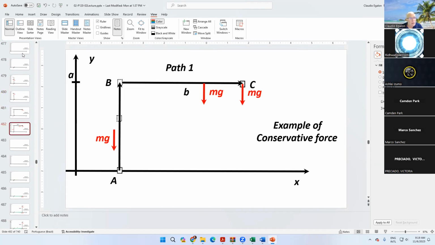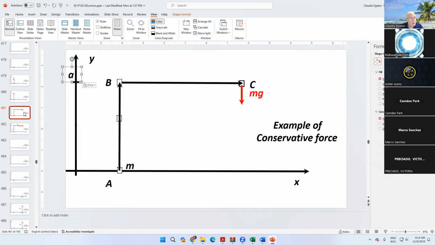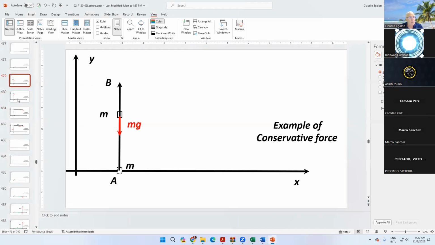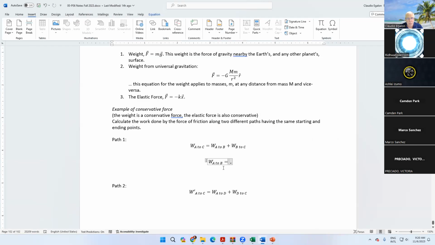I'm going to put this coordinate here, A, in the other ones as well. Because the force is contrary to the displacement vector, the work from A to B is going to be minus mg times A.